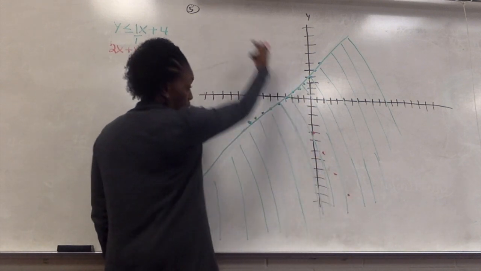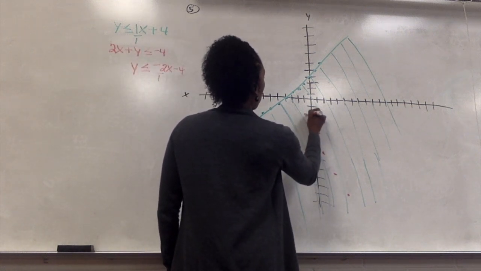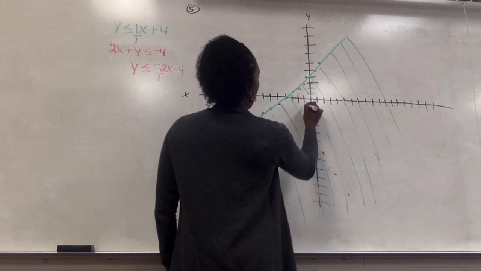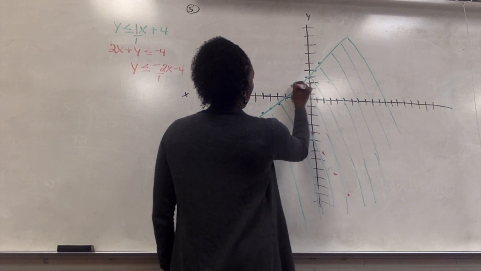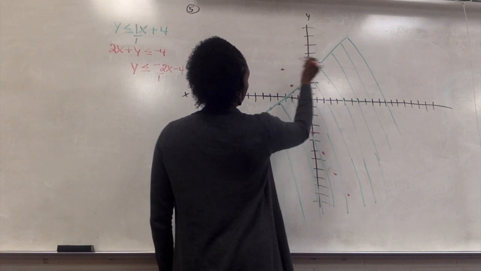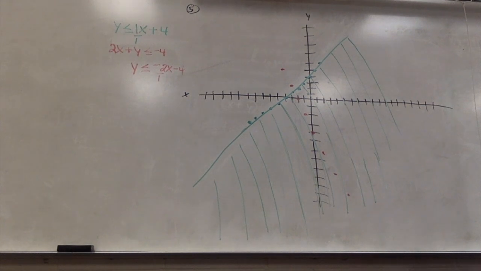And then, of course, I'm going to come up also, up 2/1 to the left, up 2/1 to the left, up 2/1, up 2/1, and then you get an idea of where your line is going.